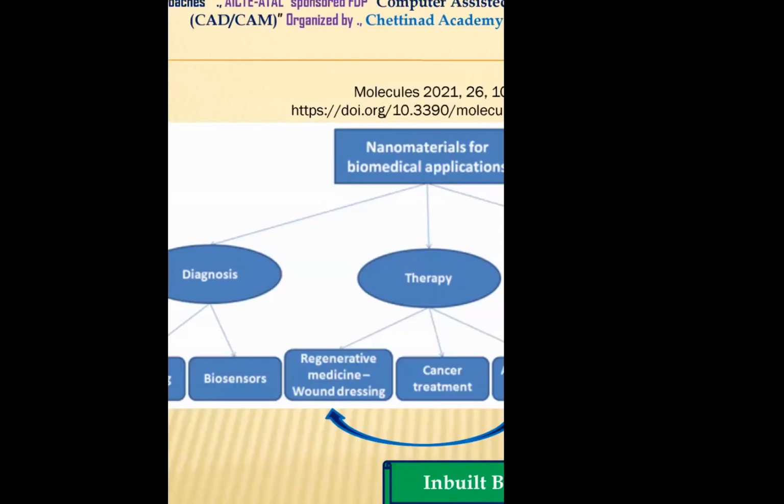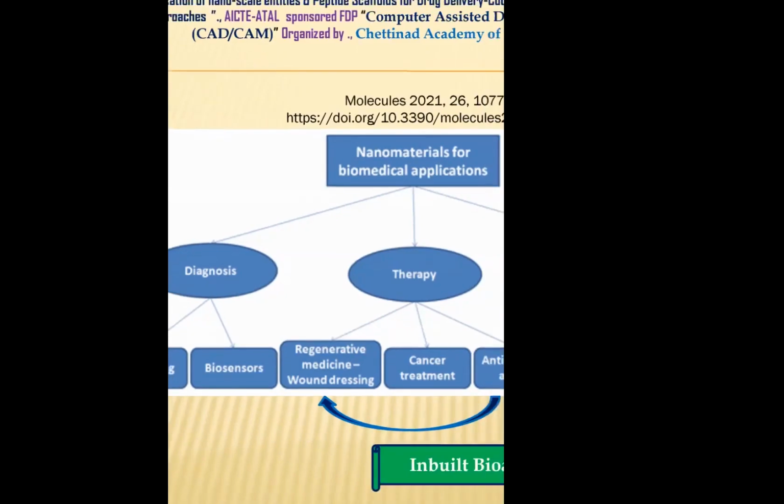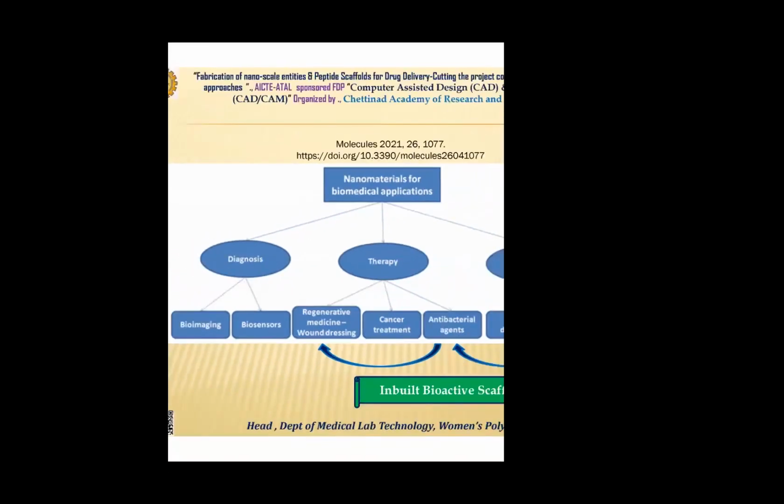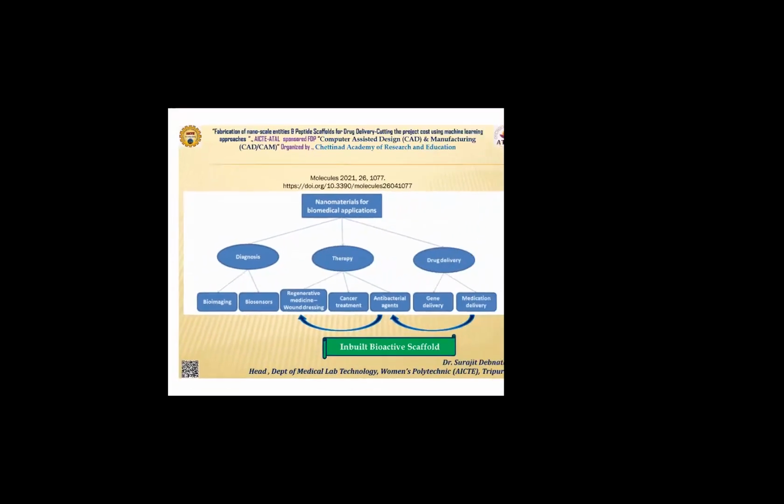At the same time, it is also conjugated to a particular kind of growth factor or an inhibitor, which will inhibit the growth of the cancerous cell. So this is how a theranostic approach works. And there are possibilities that within the nano range, theranostic approaches can also be fruitful.